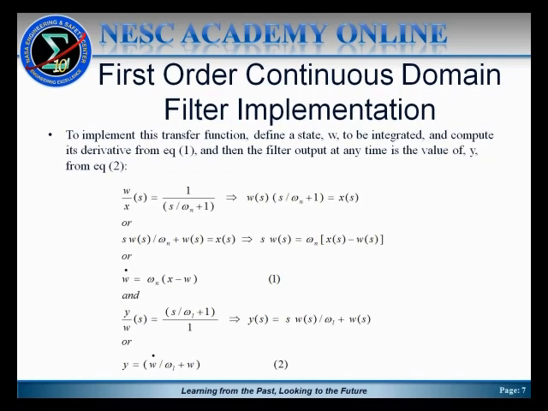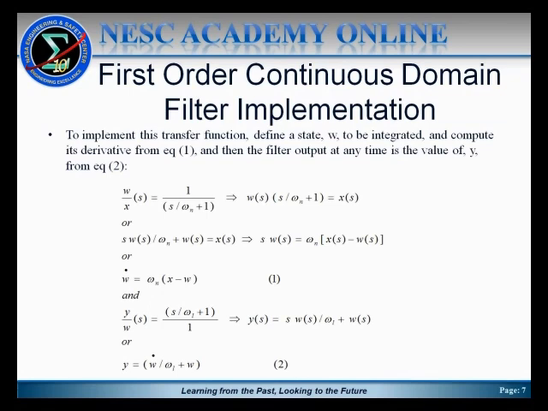And again, recalling that the s operator is a time derivative, that expression can be rewritten in the time domain as y is w dot divided by omega L plus w. So you can see equations 1 and 2 then will fully implement that continuous filter.